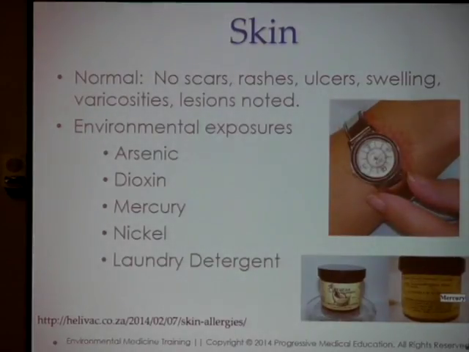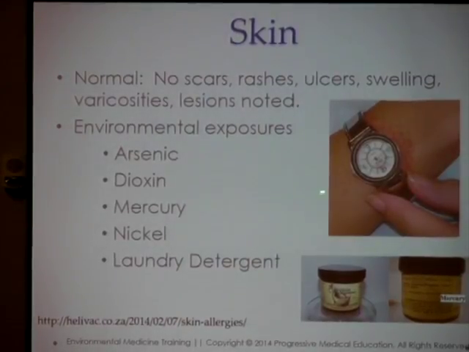We mentioned earlier that the skin is a major organ of detoxification. So if we're not able to excrete toxicants through our bowel movements, our body tries to eliminate them another way. If it can't get them out through the kidneys, which is another way, then the body also tries to mobilize these toxicants through the skin.